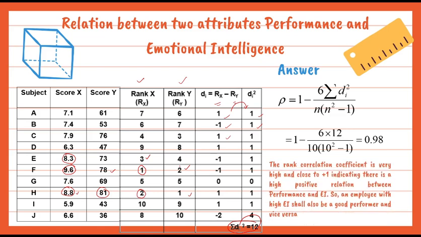So the rank correlation coefficient is very high and close to +1, indicating a high positive relationship between performance and emotional intelligence. So an employee with high emotional intelligence shall also be a good performer and vice versa. So that is the interpretation. Whenever you compute the correlation coefficient, at the end you need to give an interpretation of the values that you have got.